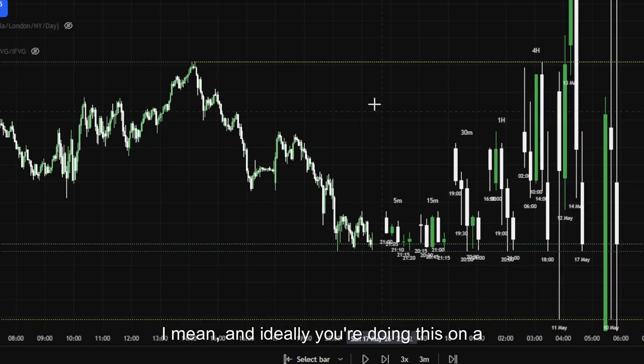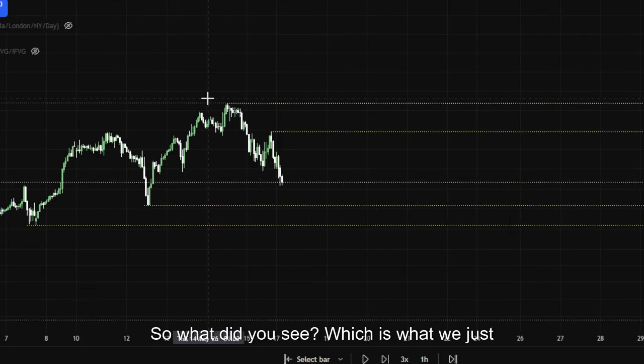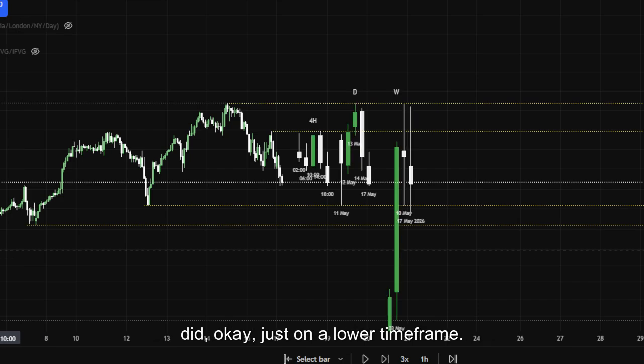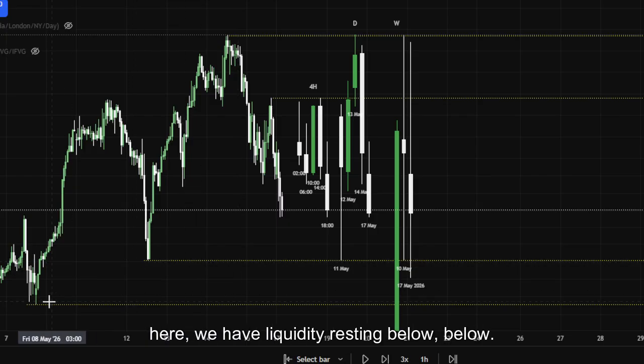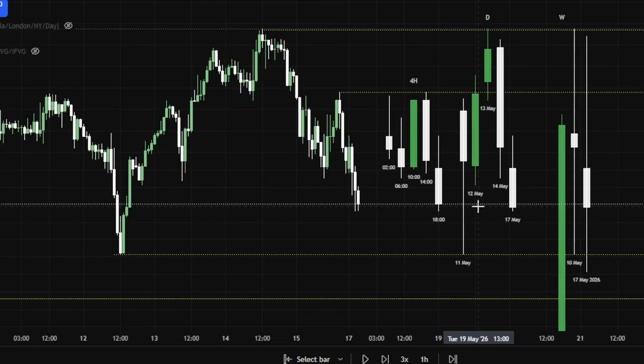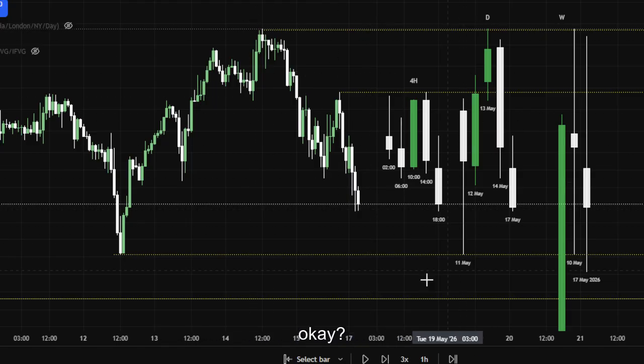And ideally you're doing this on a higher time frame, so it would be something like the hourly. So what did you see? Which is what we just did, okay, just on a lower time frame. So if you come down, you're on the hourly. We have liquidity here, we have liquidity here, we have liquidity resting below, below. Context-wise, what are we doing? Bearish, okay.